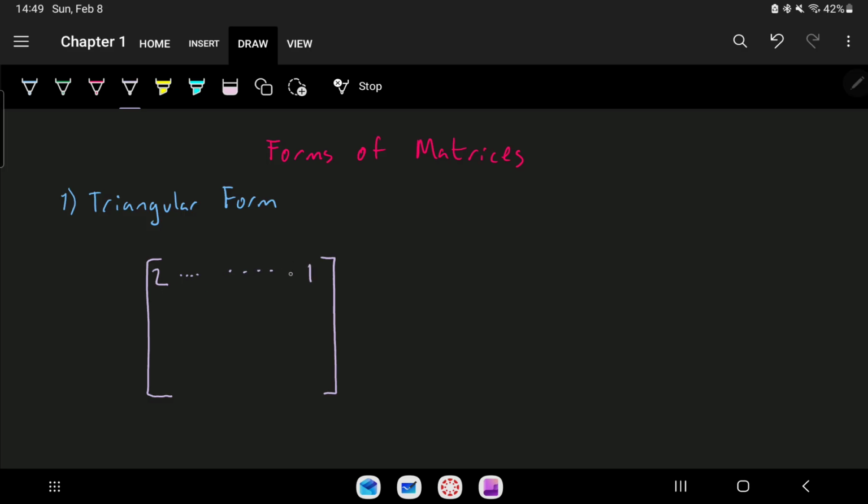This can be interpreted as any sort of number in the middle. Basically, the diagonal of this is going to have non-zero numbers. Anything below that, all of these are going to be 0, right? So this is going to form kind of like a little triangle, which is why it's called the triangular form.